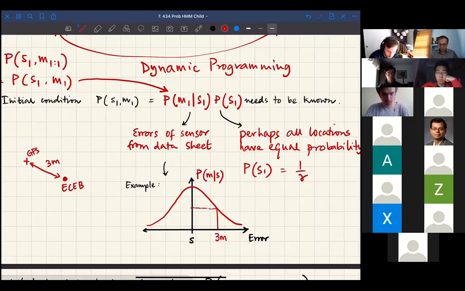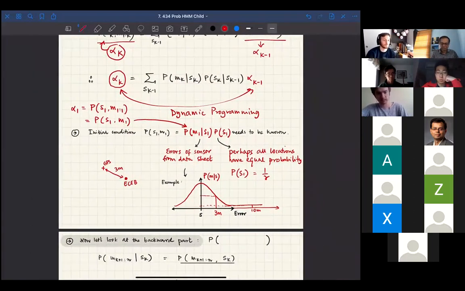At 10 meters, the GPS would say there is a very, very low probability that it is going to give you 10 meters of error. So from this graph, you can figure out what M1 given S1 is. Make sense? Very good. That means you have everything you need.